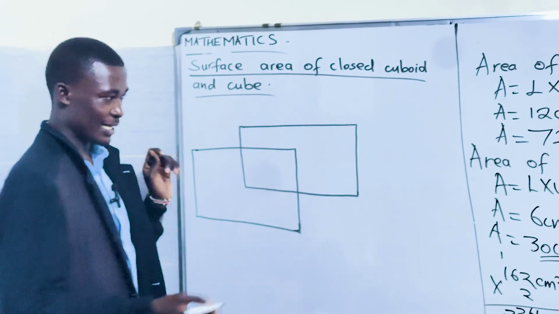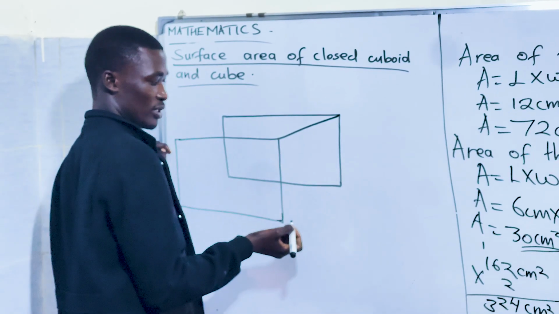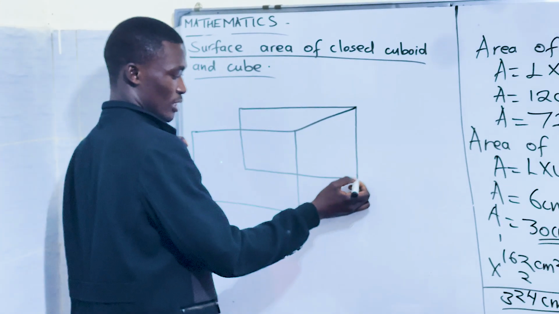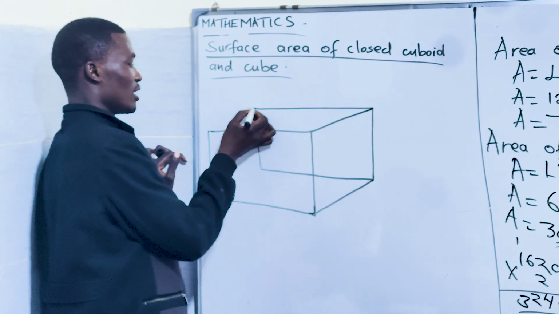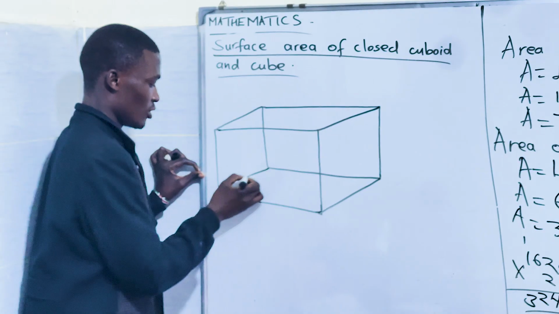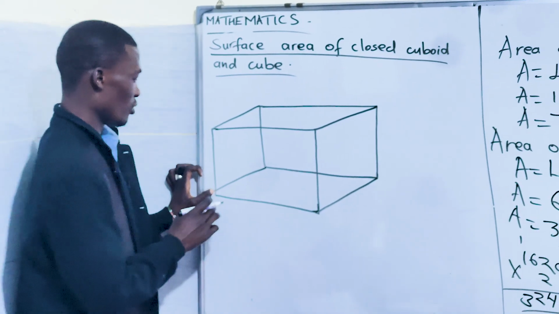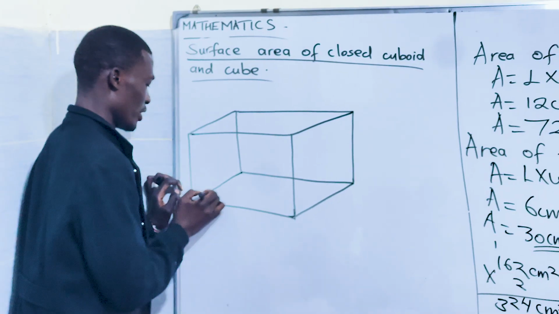Then we join the parts this way. This corner, join it to this one. This corner, join it to this one. This corner, join it to this one. And this corner, we join it to this one. We will have gotten our cuboid.